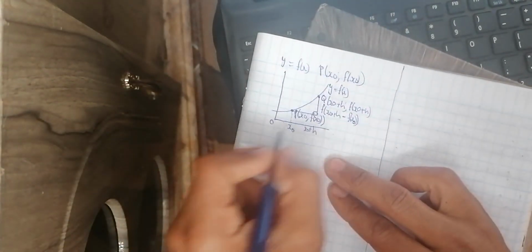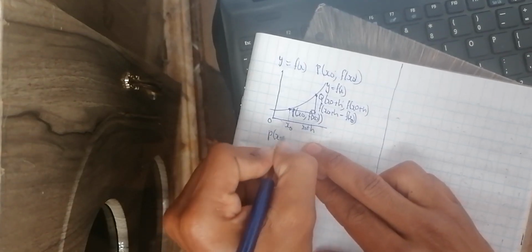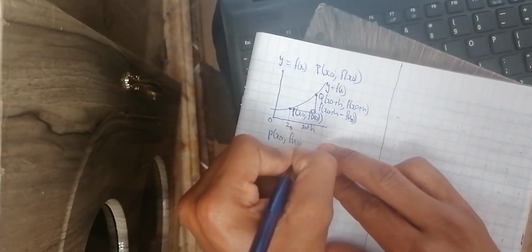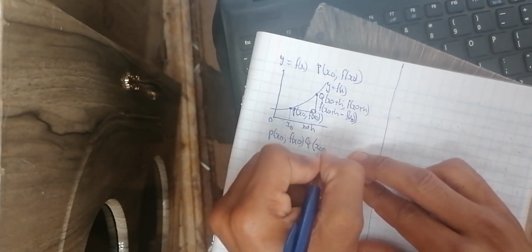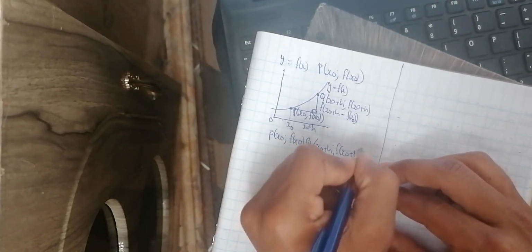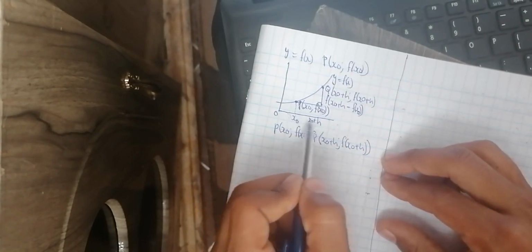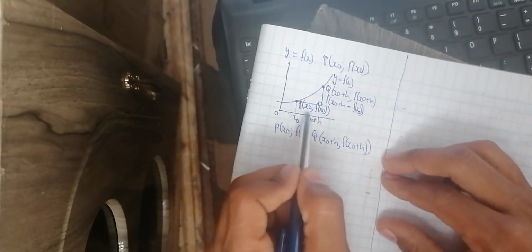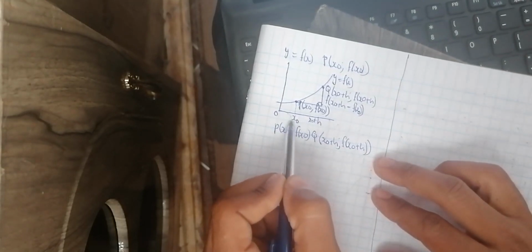Now remember what we are saying there. Let me do it in this way. We have P, XO, F at XO. We have Q, XO plus H, and F at XO plus H. Remember, how did I find the coordinates there? I'm having an x value there.